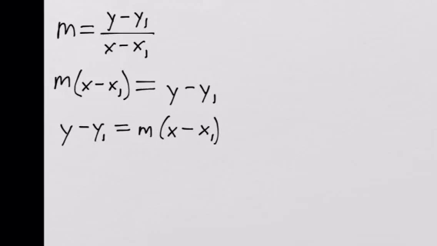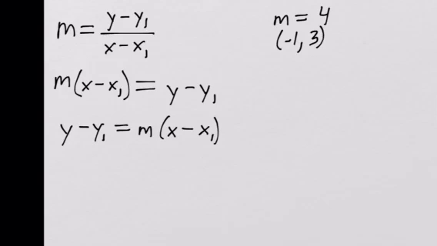So now we can work with this if we're given some information. So we'll say we're given the fact that m is equal to 4. And then the point, -1, 3.